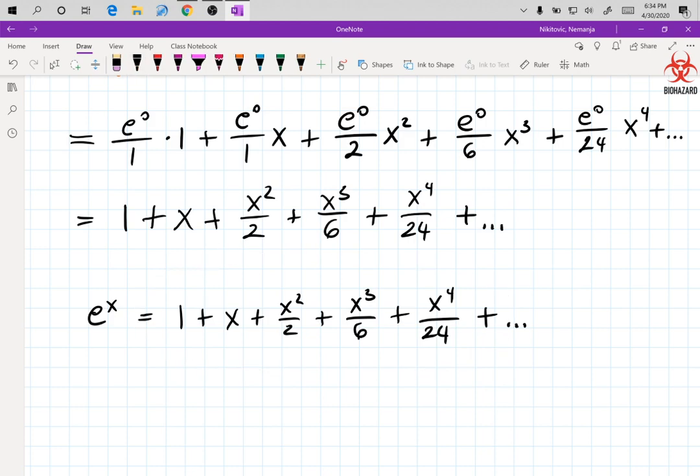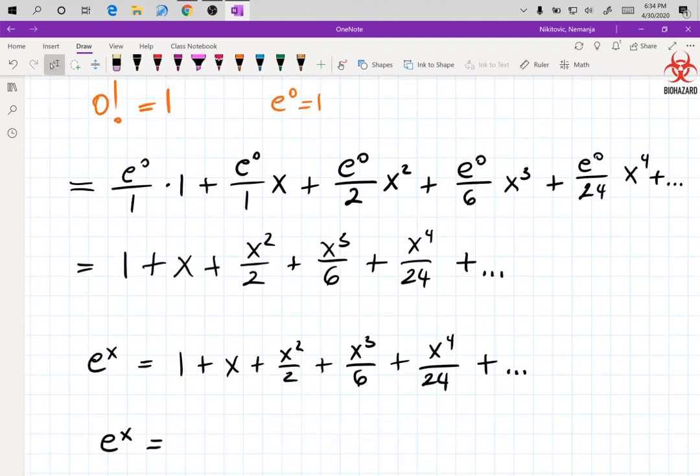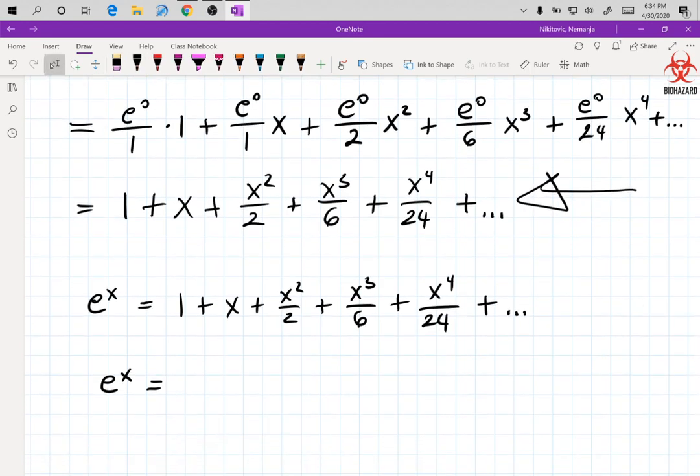So we found this, and now we can write a nice compact formula. If you go back to this line here, but use factorials instead, we can combine this into the summation from 0 to infinity of x to the n divided by n factorial.